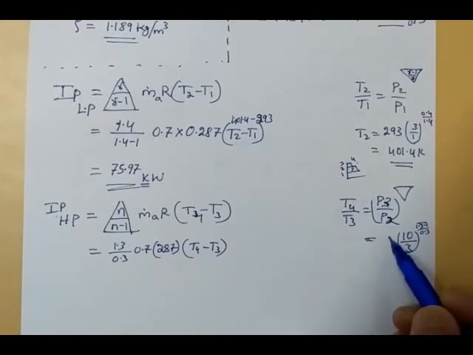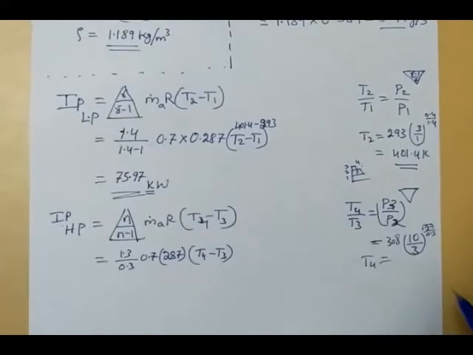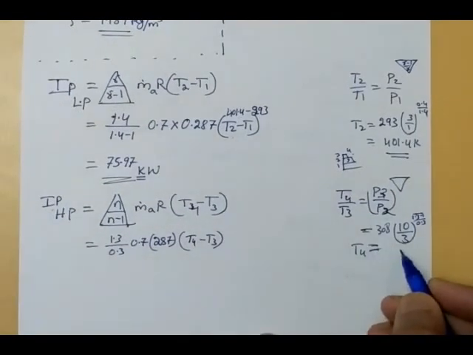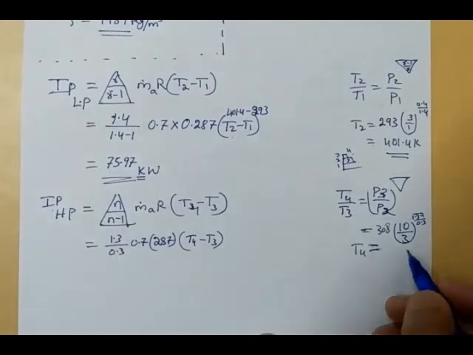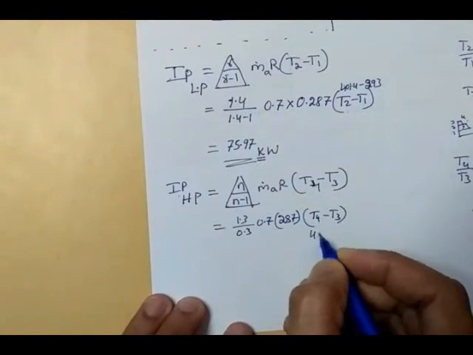T3 we know 308. Therefore T4, if we calculate, we will get T4 as 406 Kelvin.